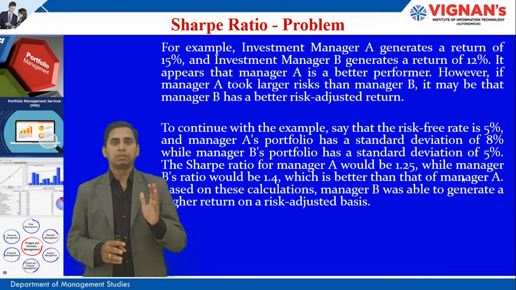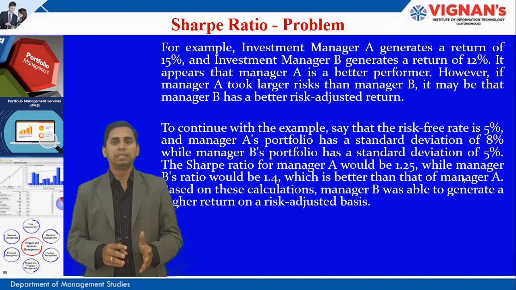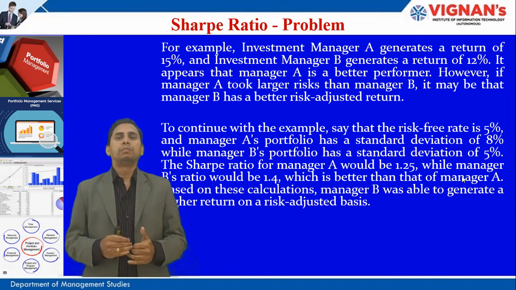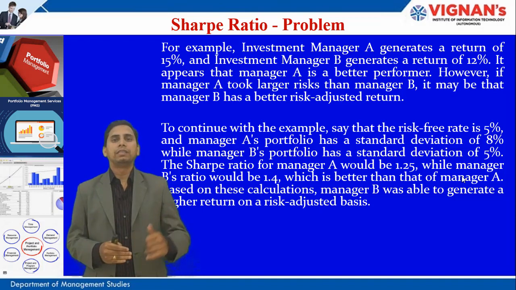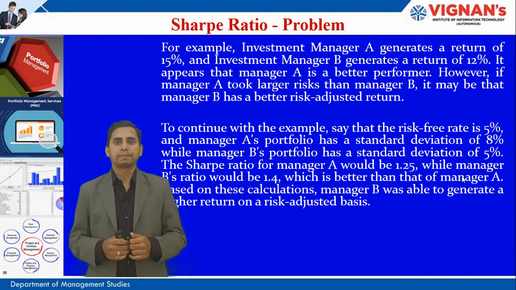So the standard deviation of A is 8%, whereas the standard deviation of B is 5%. So here for portfolio manager A, the return is 15%, the risk is 8%. For portfolio manager B, the return is 12%, the risk is only 5%.